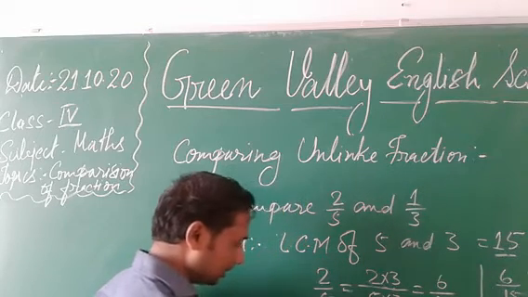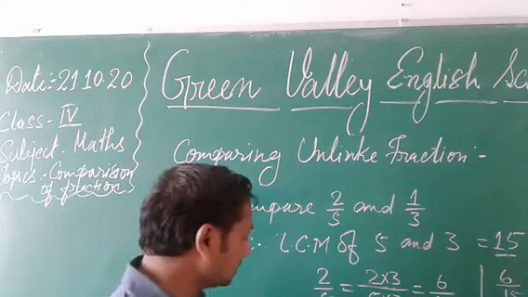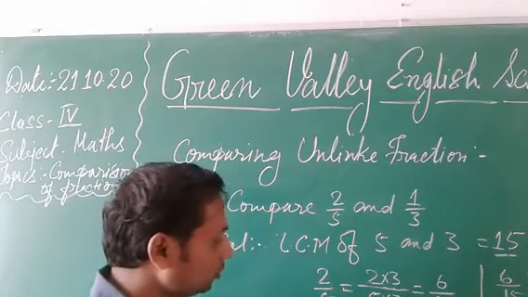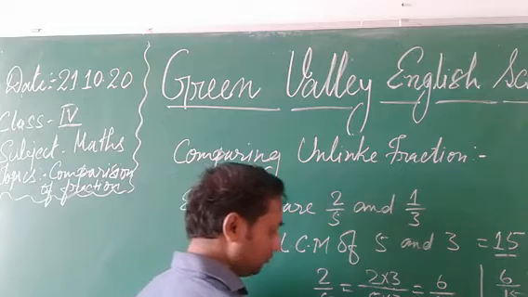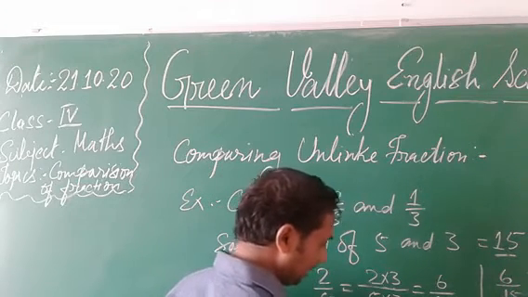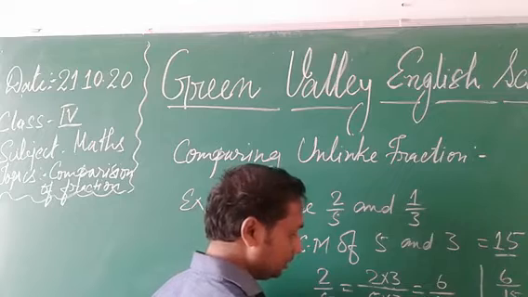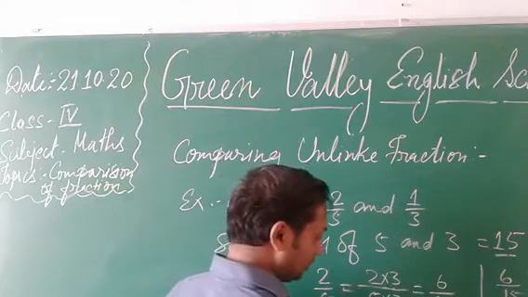So student, again in the same manner we can convert the second fraction also into a like fraction. For making their denominators the same, we have to multiply by 5 in the numerator and denominator with the same number. So after multiplying, we shall get 5/15.